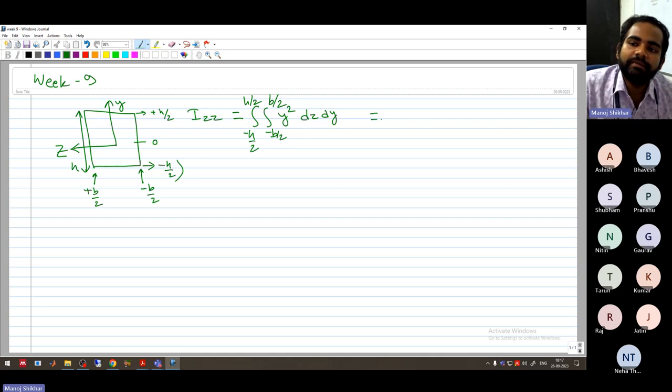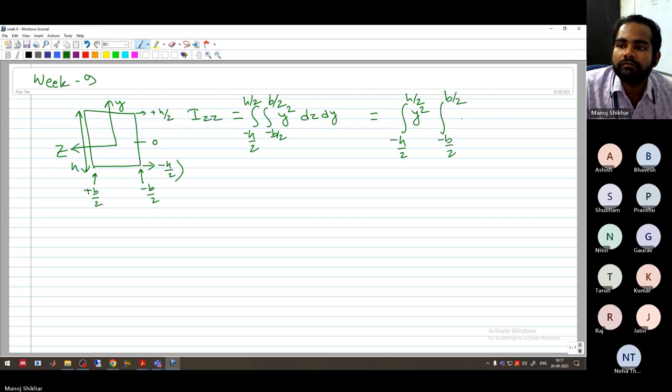Now y and z are independent of each other, so we can write it like this. What will be the expression?